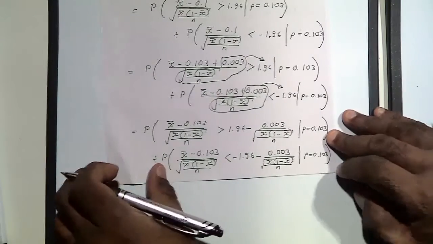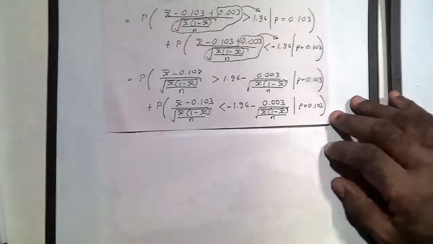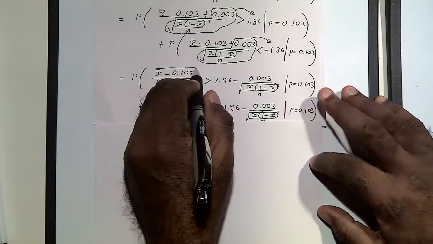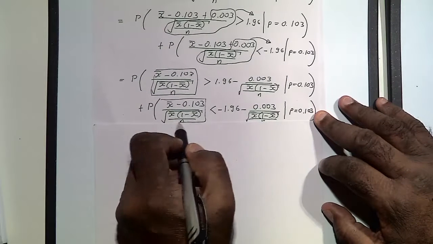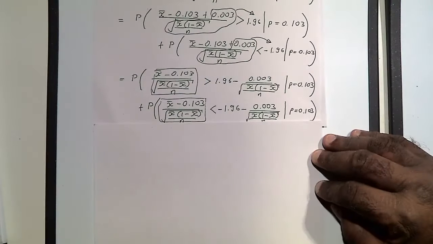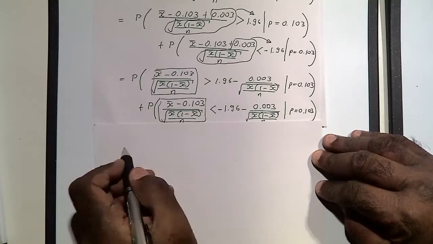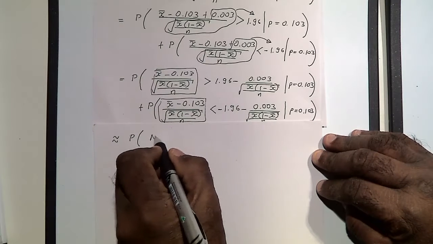Okay, and in the next step, I'm running out of time, but I'm going to use the fact, which I mentioned to you before in one of the review sessions and also in the printed notes and written notes, that this term, conditional on the true proportion being equal to this, has approximately the standard normal distribution, given n is large. These two have an approximate standard normal distribution.